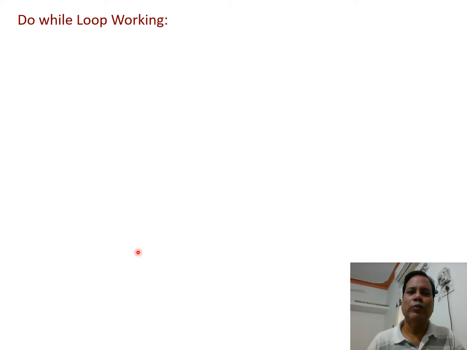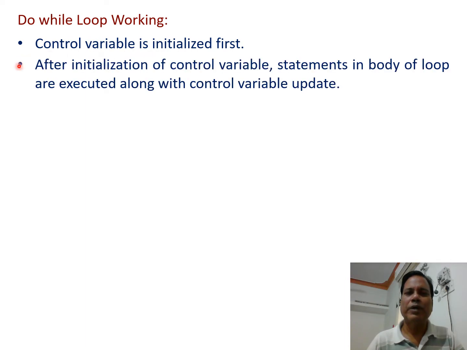Do while loop working. The control variable is initialized first, as in the case of the while loop. After initialization of the control variable, statements in the body of the loop are executed along with the control variable update.